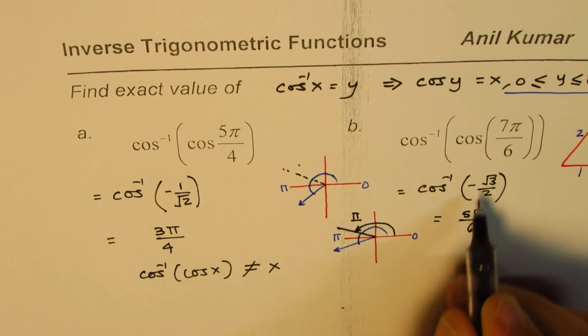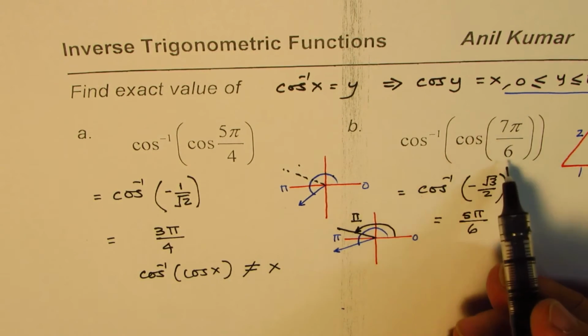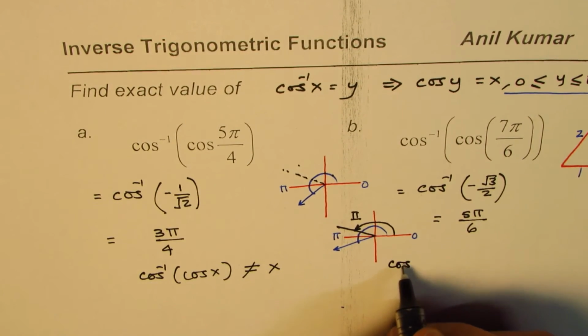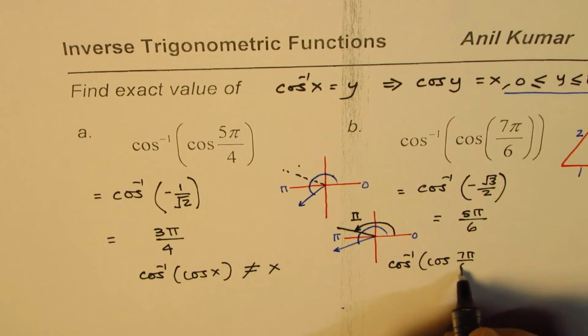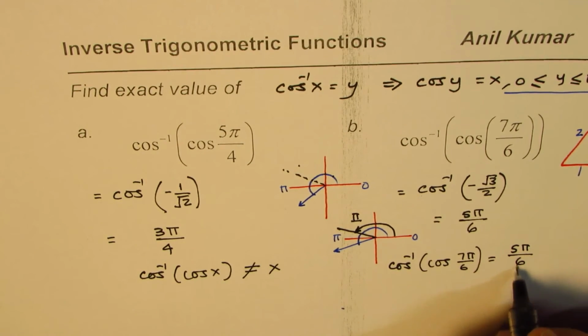Do you see that? 5 pi by 6. So the answer we get for cos inverse cos 7 pi by 6 is 5 pi by 6, not 7 pi by 6.